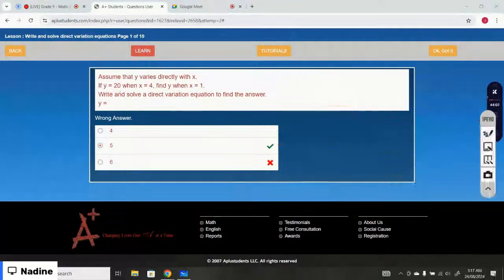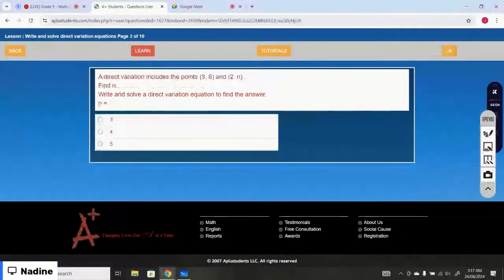Okay, got it. Our direct variation includes the point (3, 6) and (2, n). Find n, right? Write and solve a direct variation equation to find the answer n equals, so which is the correct option. Let's just calculate the k first, right?